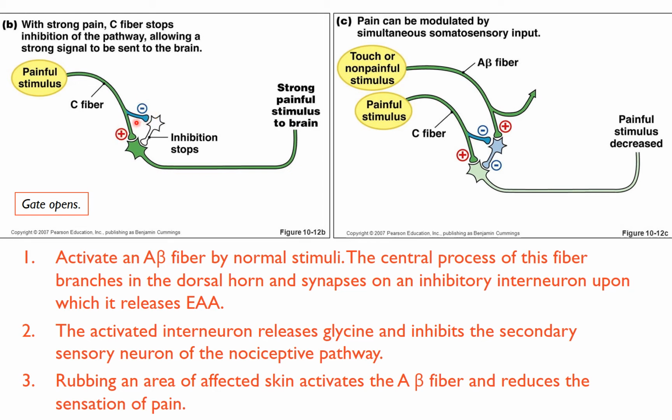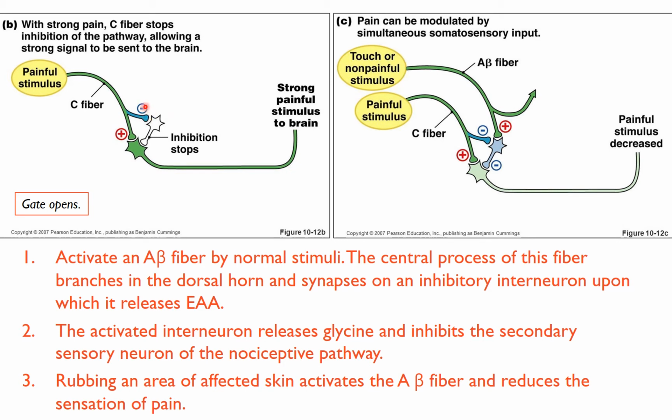Now this inhibition, the mechanism behind the way this little section here works is not very well known, but there is some signaling mechanism that says that because of this little side branch, there is a different little section to the C fiber and it synapses not on the secondary sensory neuron, but it synapses on the interneuron, that little inhibitory interneuron that we saw in the last slide.